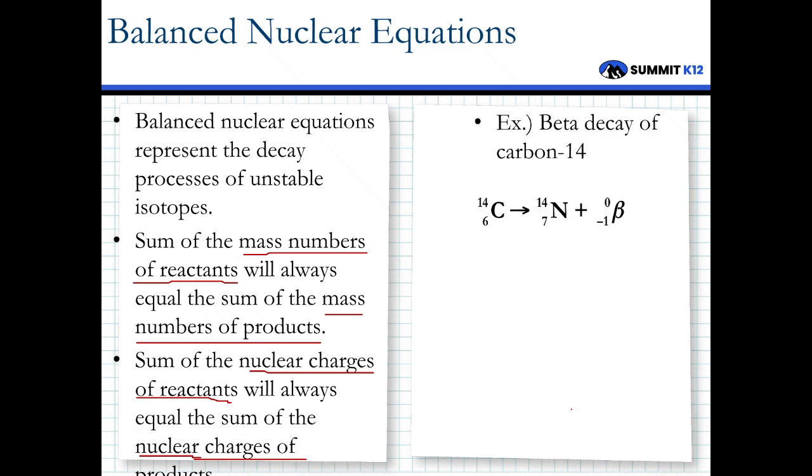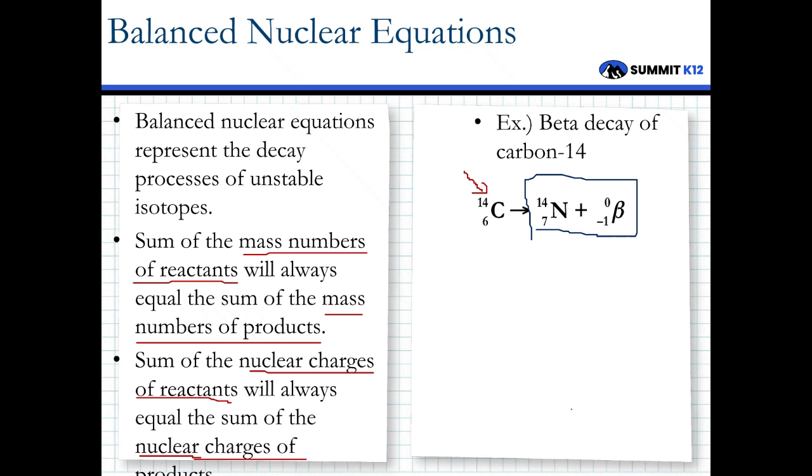So, a great example of a balanced nuclear equation is below, and we can see the beta decay of carbon-14. We have carbon-14 in its isotopic notation, and that is our reactant. So the reactant, I'm going to point to in red. And then my products, I'll underline in blue.